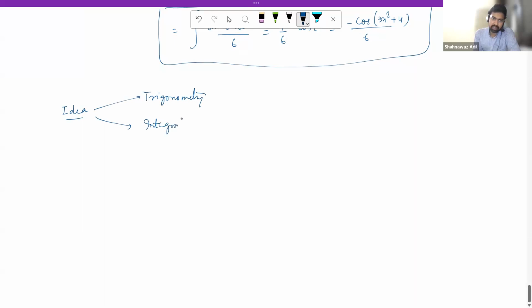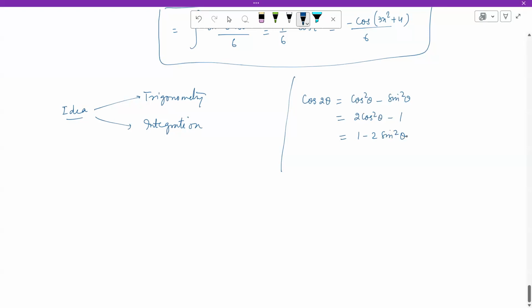So I know that cos 2 theta is cos square theta minus sine square theta, or 2 cos square theta minus 1, or 1 minus 2 sine square theta, right?